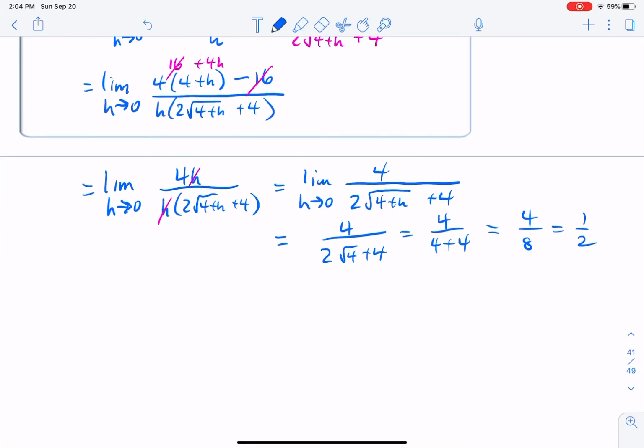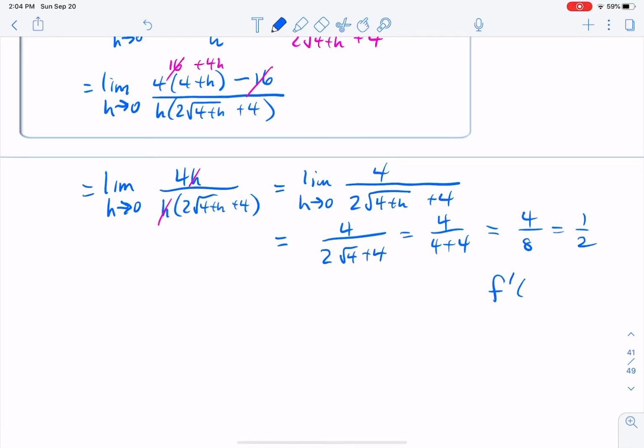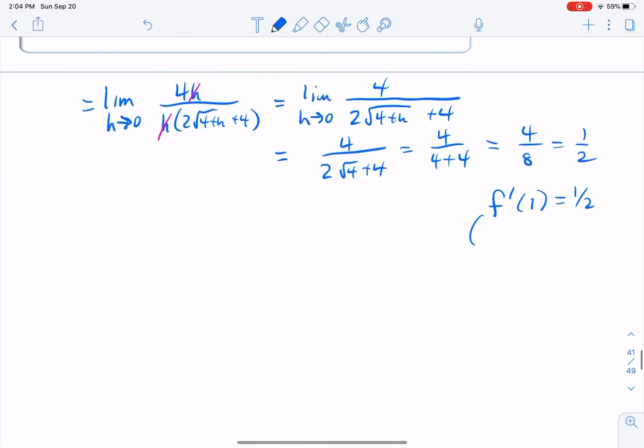Hey, what did we just find? Let me just recap it here. This was f prime of 1 is equal to 1/2. That is the slope at x equals 1. It's the derivative. Derivative is the slope at that particular point. It's the slope of the tangent line.